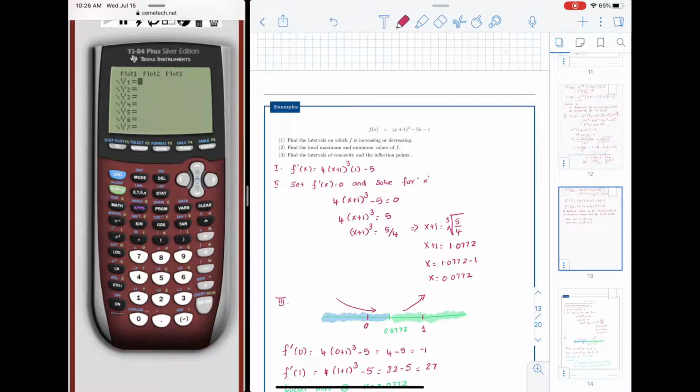We have x plus 1 raised to 4 minus 5x minus 1. I'll go from negative 10 to 10 graph. Looks like it. So what we did using the first derivative and the second derivative test agree with the graph. So everything is great.